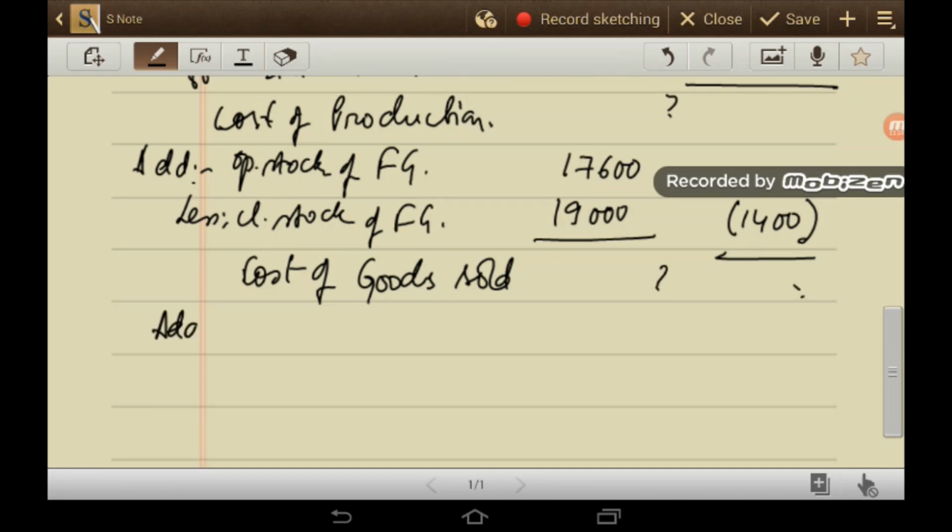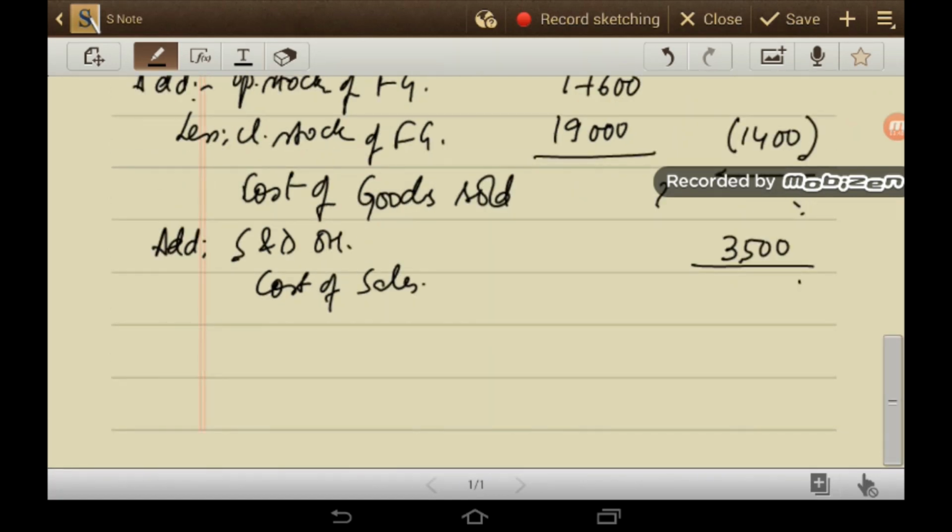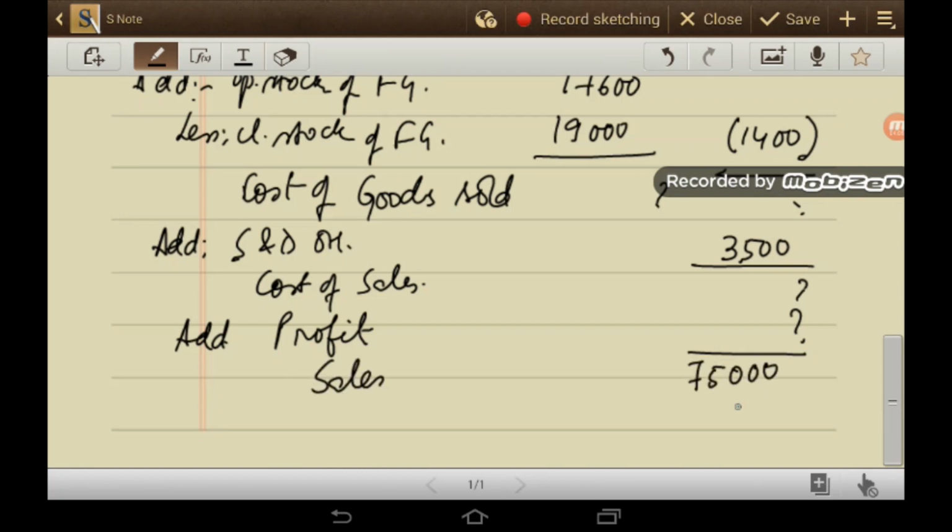Add selling and distribution overhead is 3,500. So cost of sales. Add profit, we do not know, and the value of sales is given as 75,000.